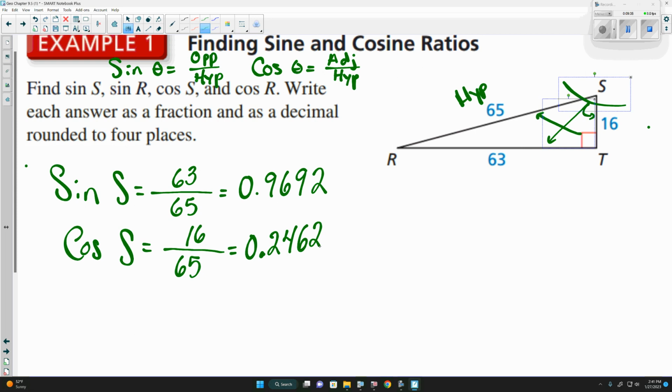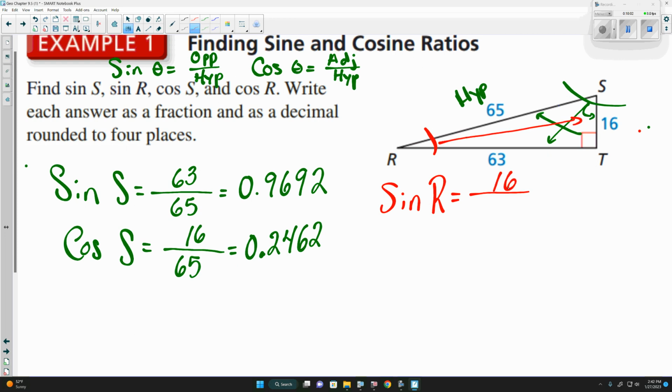Any questions on this here? We good with this here so far? Okay. Now we also need to find sine of angle R. So sine again is what? Opposite over the hypotenuse. So angle R, what's our opposite side? 16.